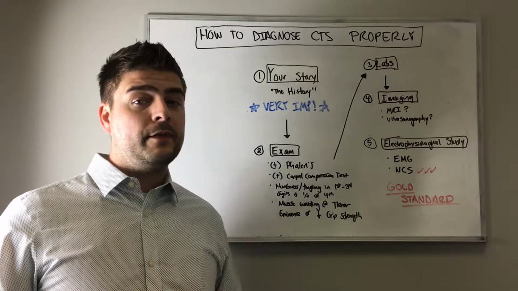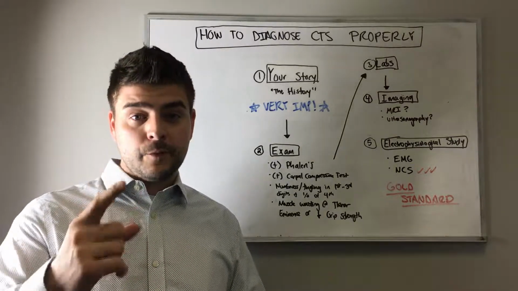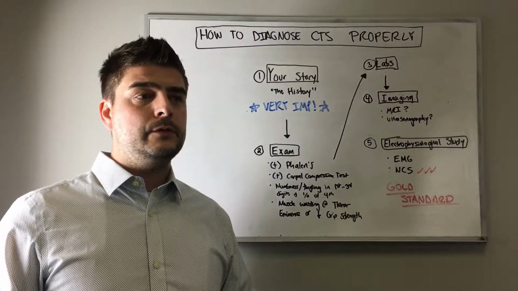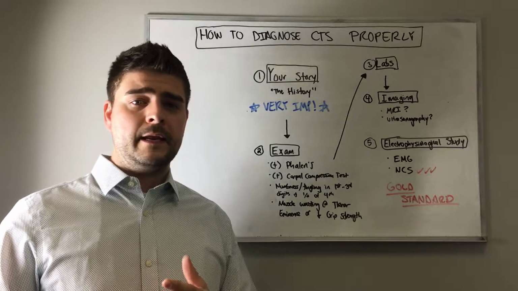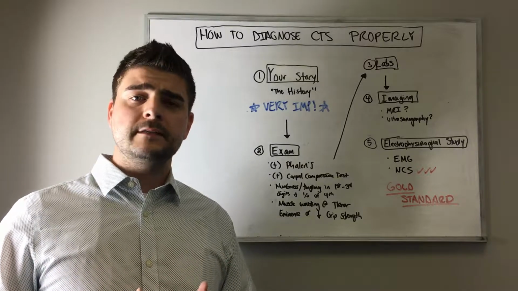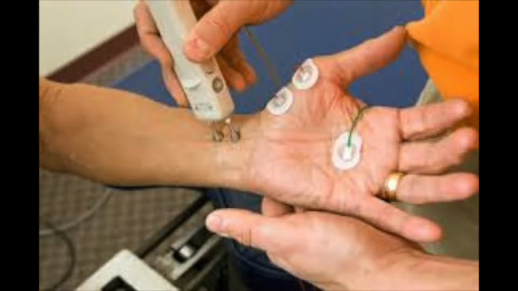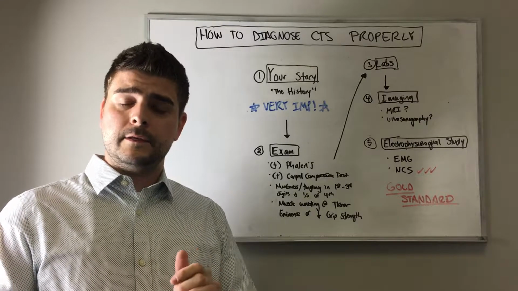When you present with carpal tunnel signs and symptoms, like we discussed in video 1 of this series, and you have, in conjunction with that, abnormalities identified on the electrophysiologic testing, depending on which your doctor chooses, if it was me, I'd go with NCS, nerve conduction studies, that helps to solidify your carpal tunnel diagnosis.